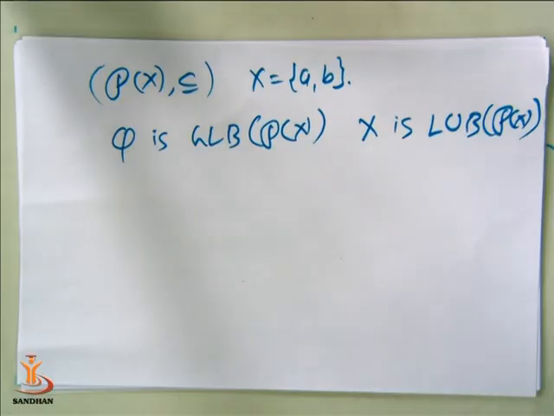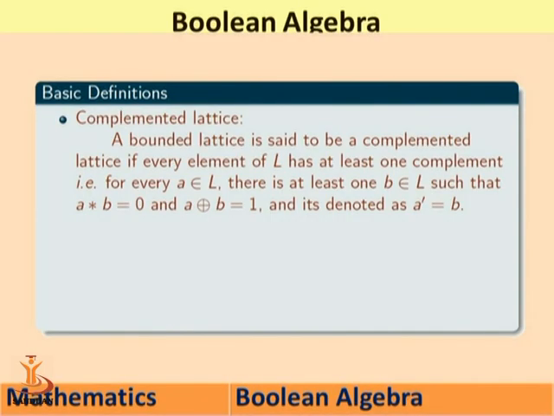Now the next basic definition is complemented lattice. For that we need a bounded lattice. That lattice is said to be a complemented lattice if for any element A there exists at least one element B in L such that A star B is equal to 0 and A ring sum B is equal to 1.